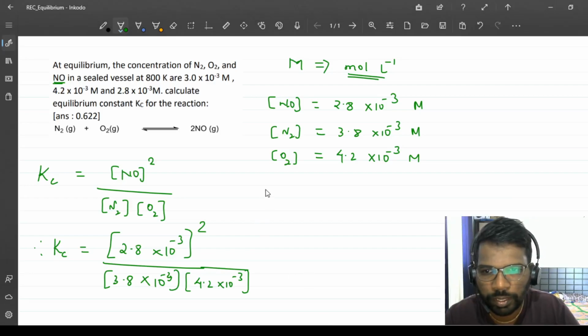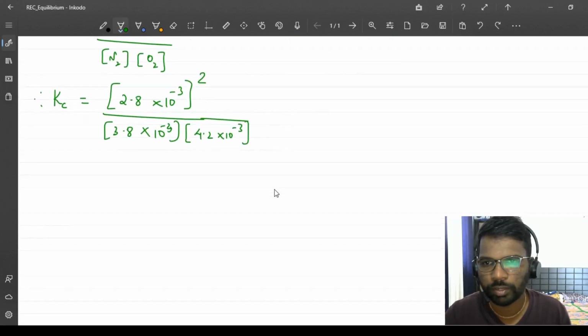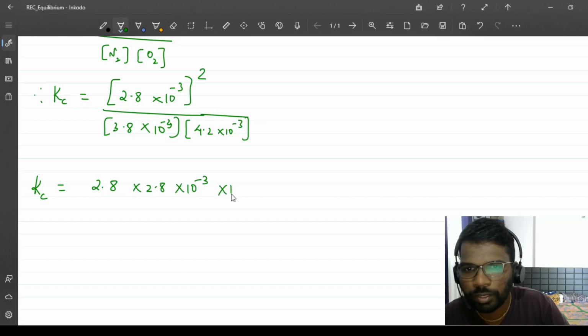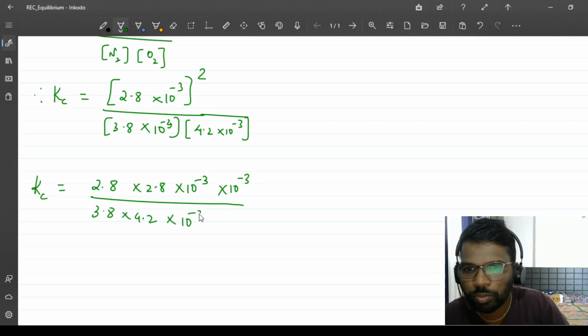So further I can write Kc is equal to 2.8 multiplied by 2.8 into 10 raised to power minus 3 into 10 raised to power minus 3. Down below I can write 3.8 into 4.2 into 10 raised to power minus 3 into 10 raised to power minus 3.